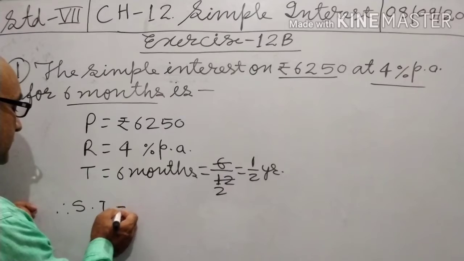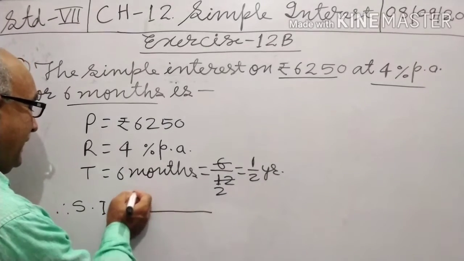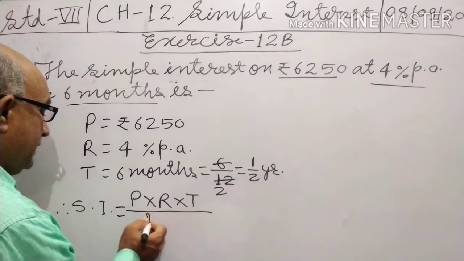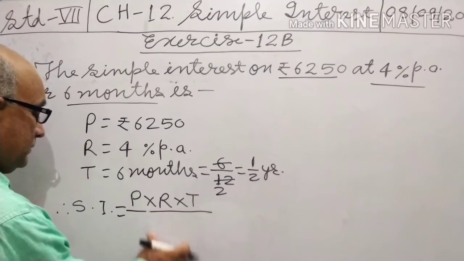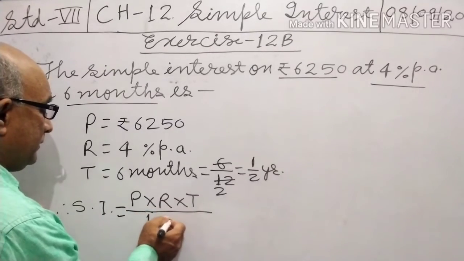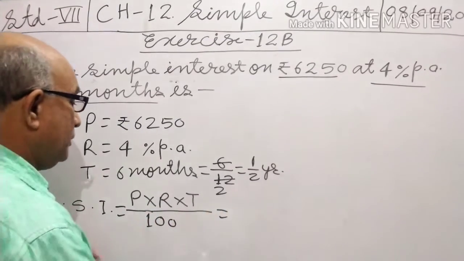Now find SI. Therefore, SI equal to formula is P into R into T by 100.